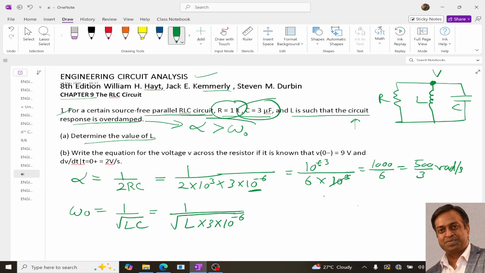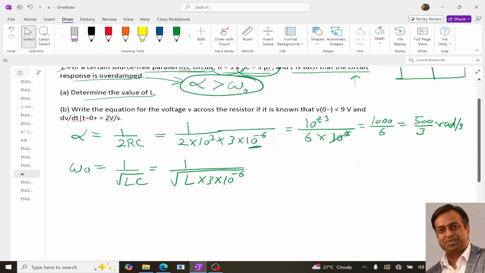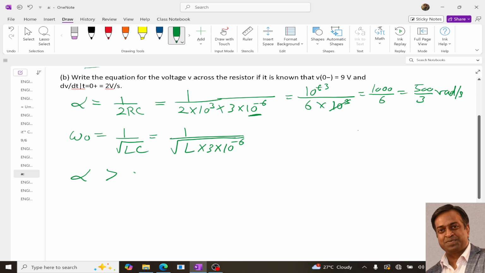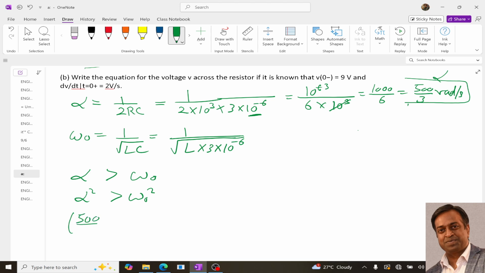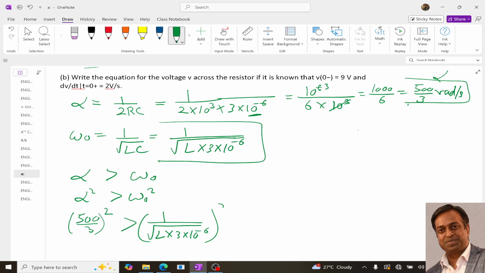Now taking this condition of overdamping, alpha is greater than omega naught, or we can say alpha square is greater than omega naught square. So alpha is 500 by 3, squared, greater than omega naught, so we can write it as 1 upon root L into 3 into 10 power minus 6, whole square.